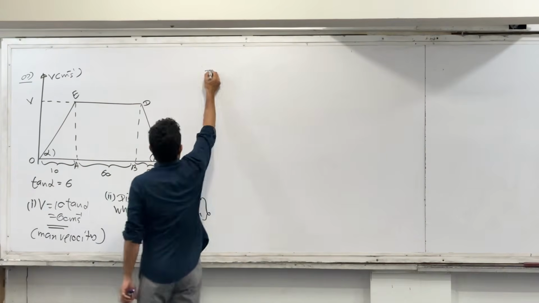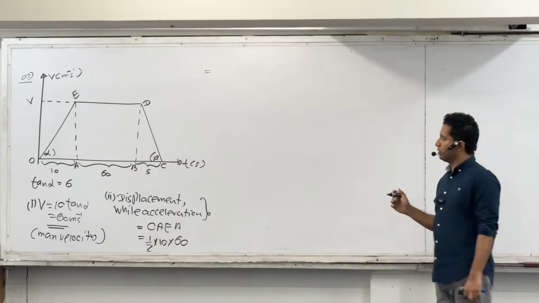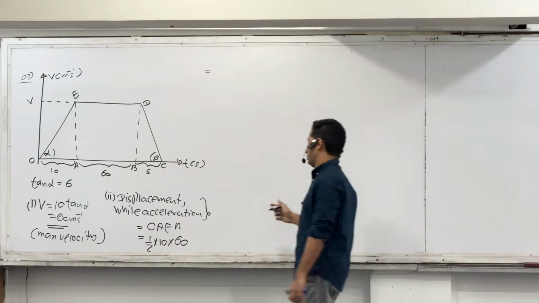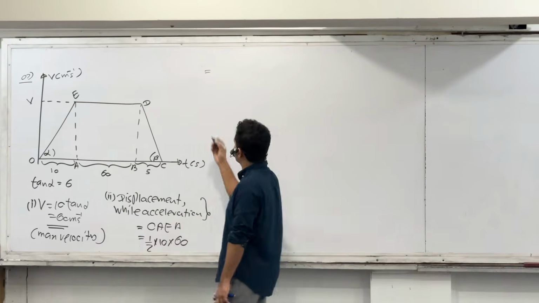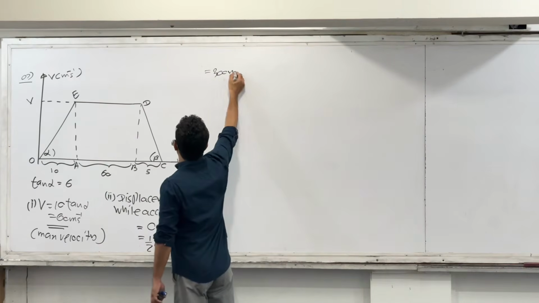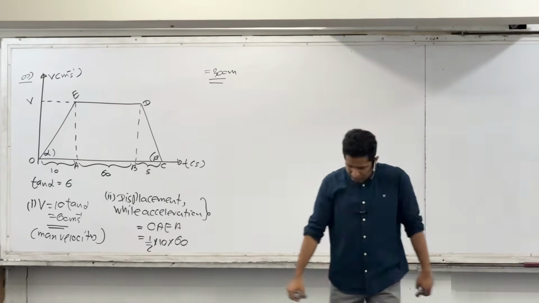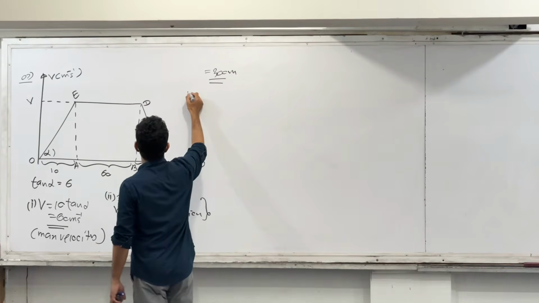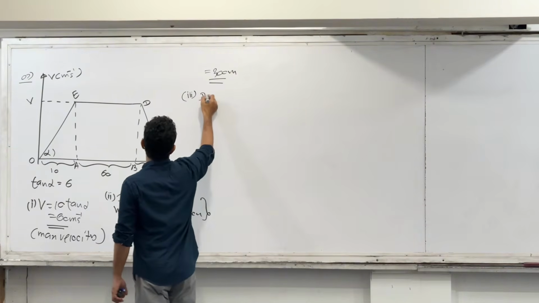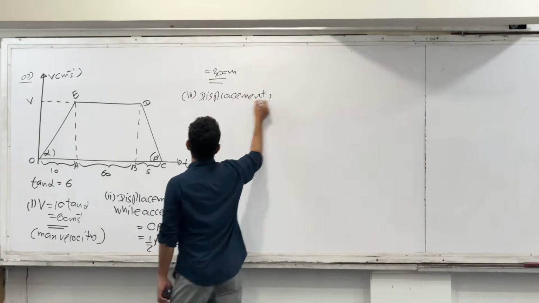Now 10 divided by 2 is 5, into 60, that's 300 meters. What do they ask next? Displacement with constant velocity.